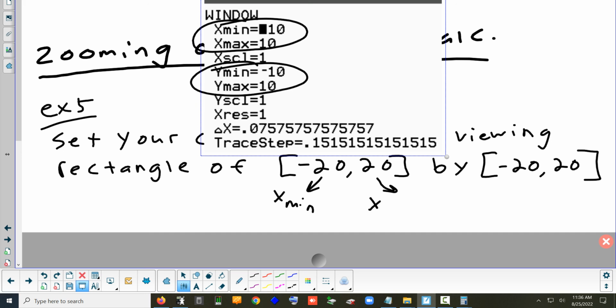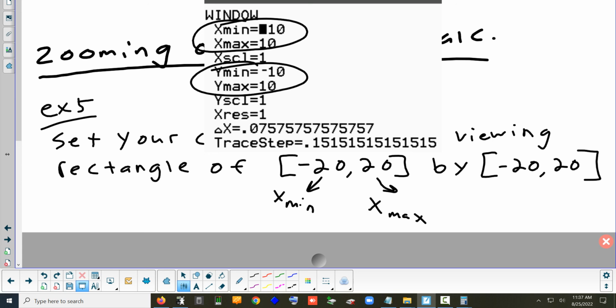This is the highest the x-axis will go. When you're given a window, you're always given the x values for your window first and the y values second. Another thing that's important is the max has to be bigger than the min. It wouldn't make sense otherwise. That'd be like me saying to you, pick a number greater than 10 and smaller than 5.